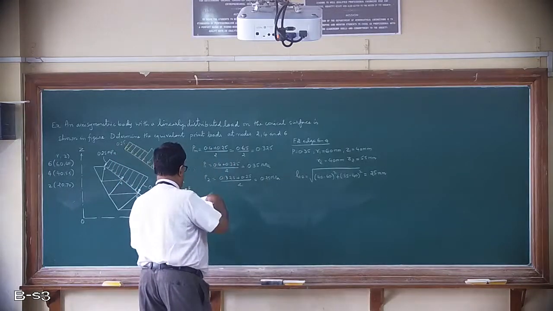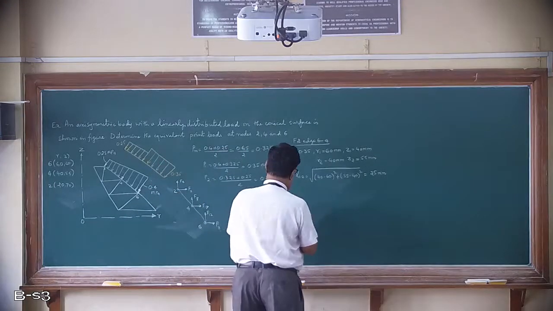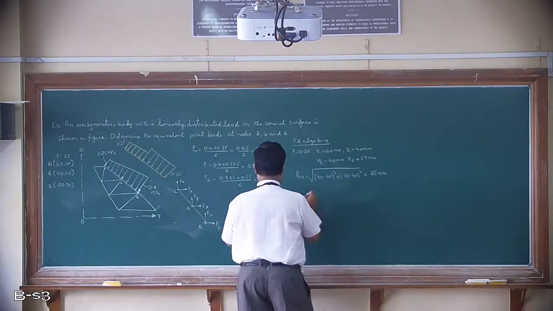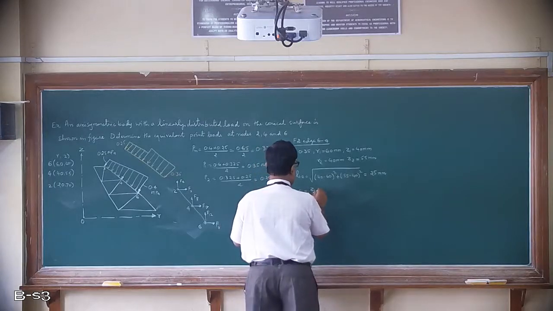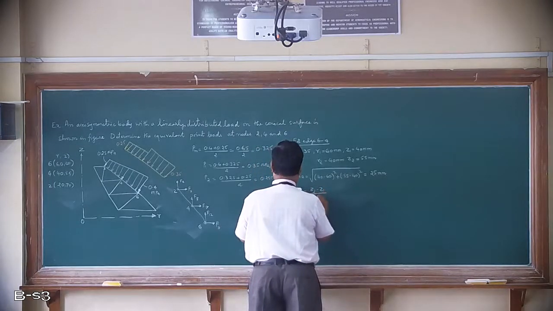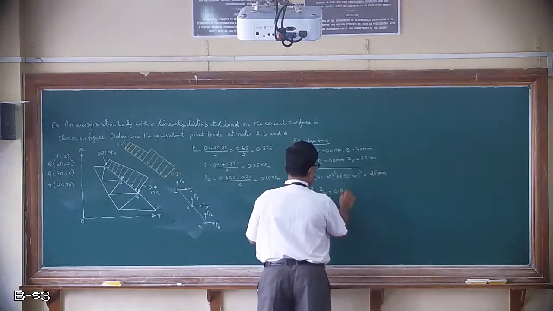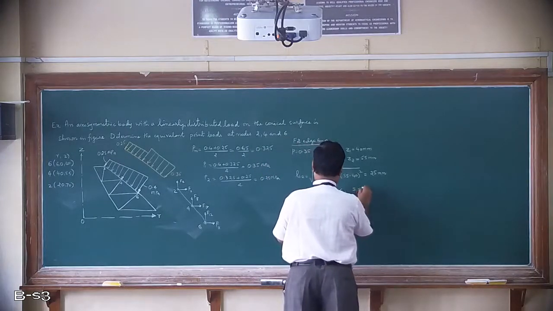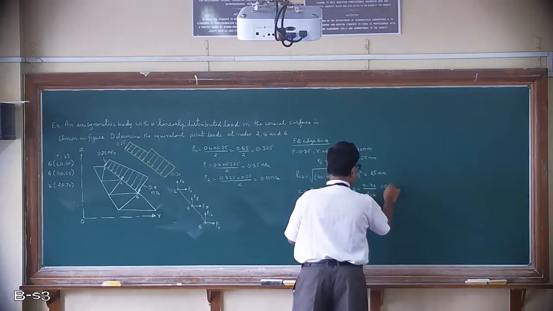Now let us consider C. C is Z2 minus Z1 upon L12, which is coming 0.6. This is the cos theta component, and S is R1 minus R2 upon L12, which is coming 0.8.